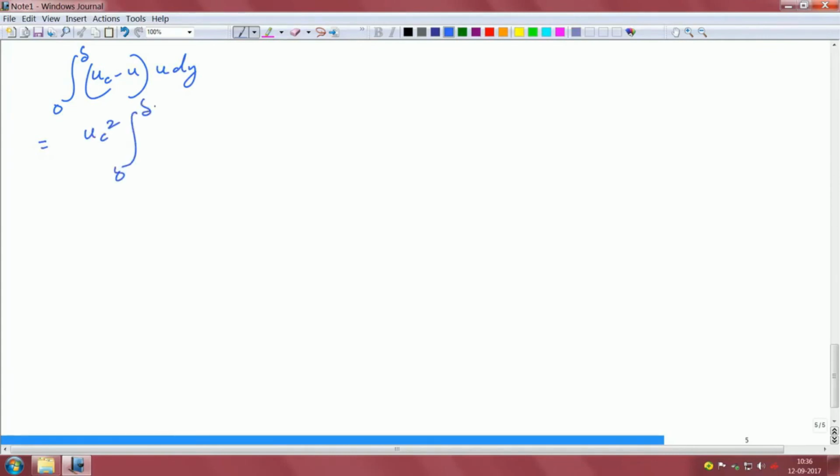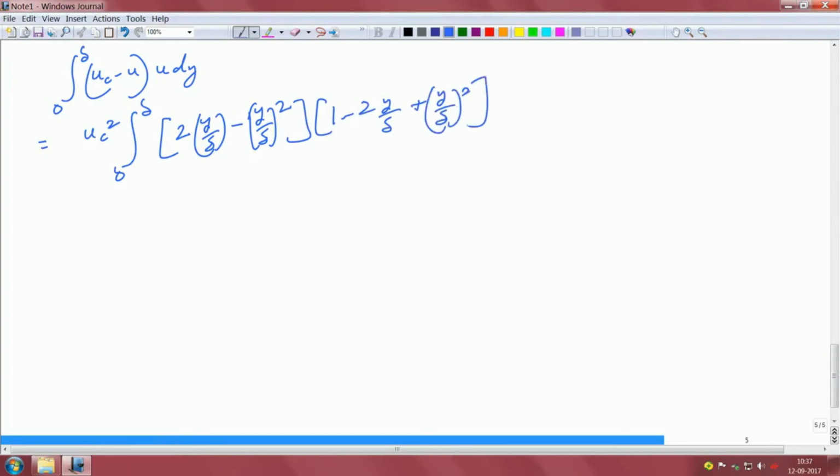Once again, uc is not a function of y anymore. It will be 2 y by delta minus y by delta squared, times 1 minus 2 into y by delta plus y by delta squared, into dy.